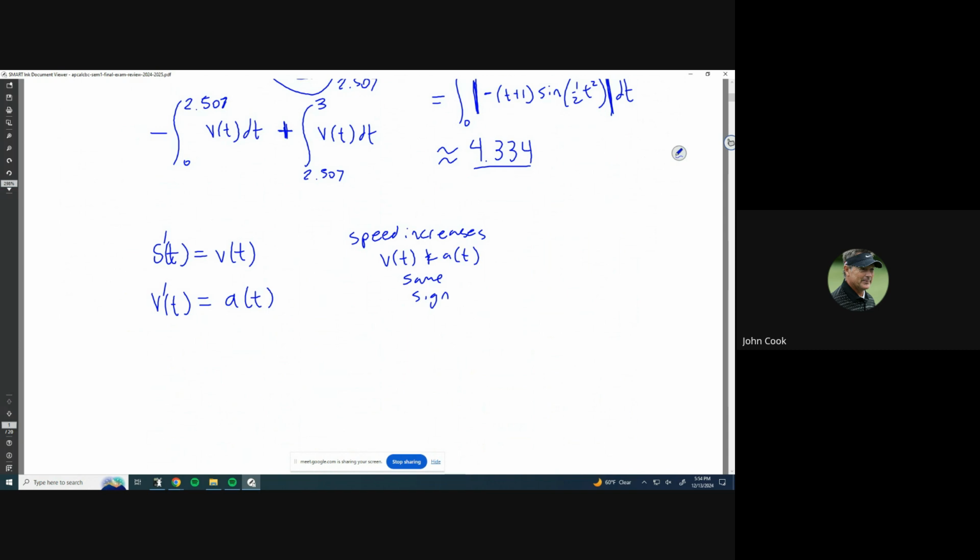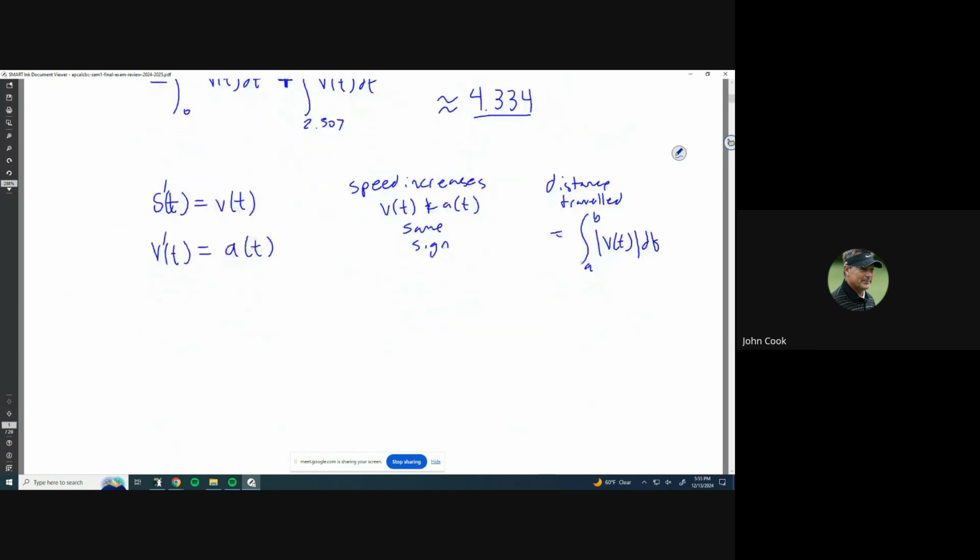And if you see distance traveled, that's going to be equal to the integral over some boundary of the absolute value of the velocity function. Those are the things you want to remember, not necessarily all the little odds and ends that we did on this.